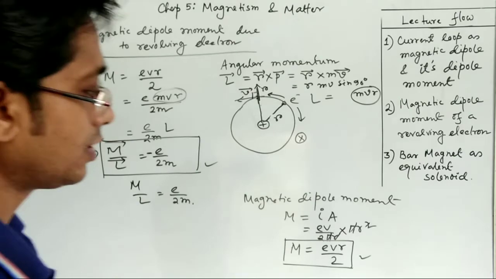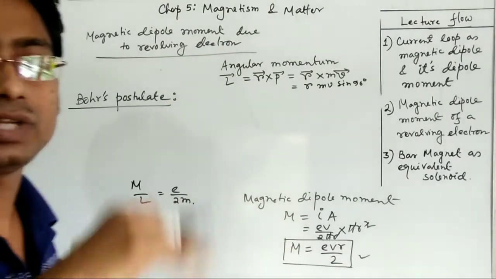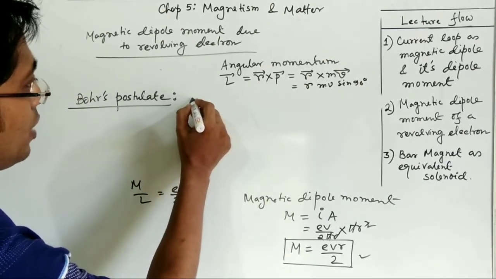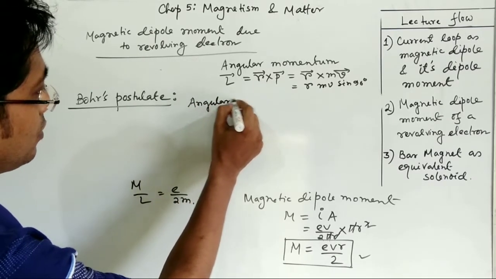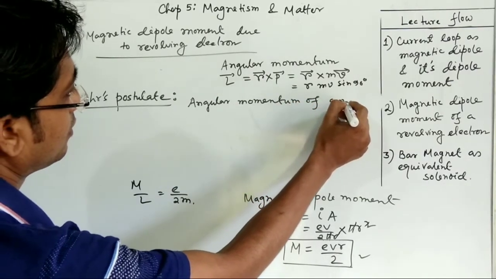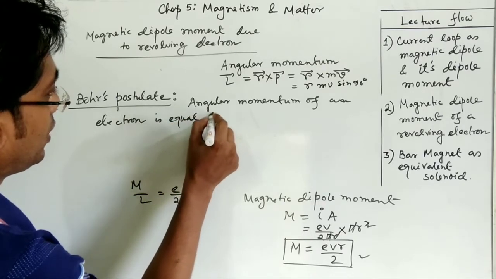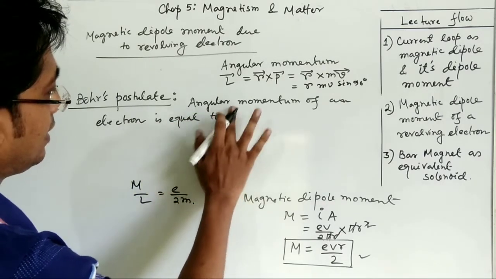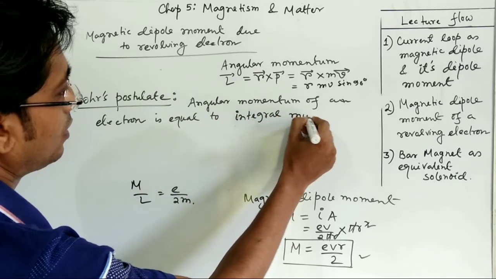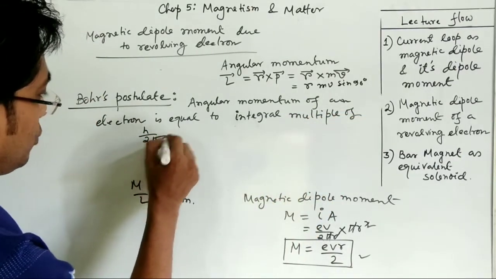What was Bohr's postulate? We'll write here Bohr's postulate. One of the important Bohr's postulates is the quantization of the orbit. In that section Bohr states that the angular momentum of an electron is equal to an integral multiple of h by 2 pi.